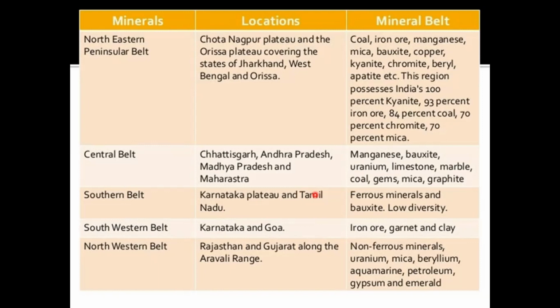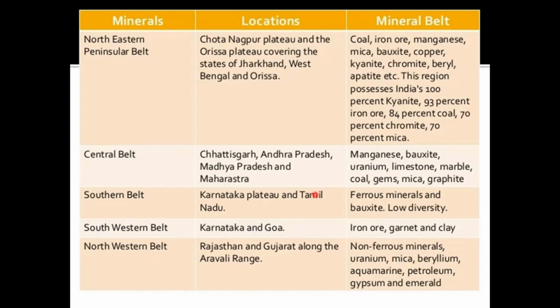So here we do not find coal deposits, but the Neyveli coalfield of Tamil Nadu is one of the exceptions. Neyveli is the largest lignite coal deposit in the world in one place. This belt does not have diversified mineral deposits, and that we have read.